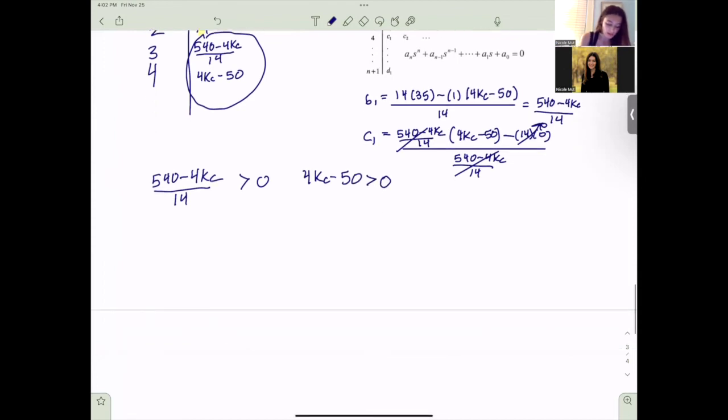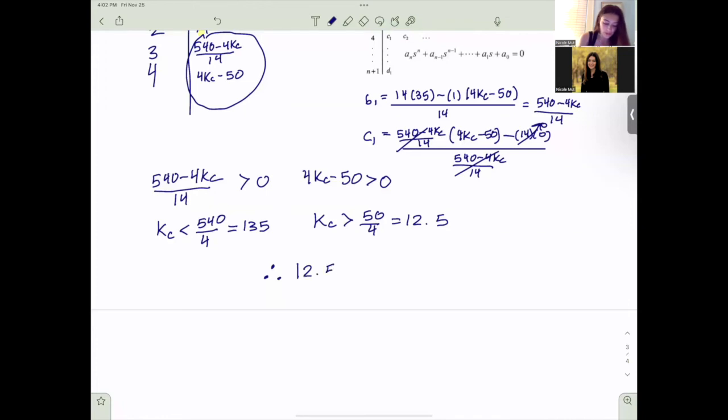When we solve for the Kc values that correspond to this, we find that Kc must be less than 135, and it must be greater than 12.5. So this gives us our answer to the problem, all by using the Routh array. We know that the range of Kc values must be from 12.5 to 135 for the system to be stable.